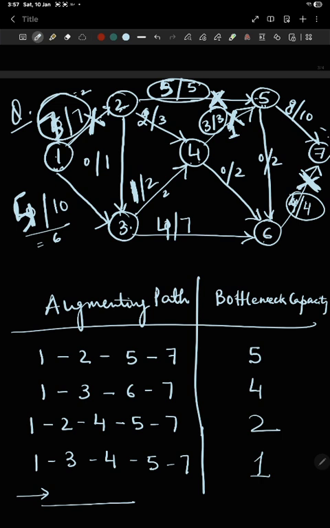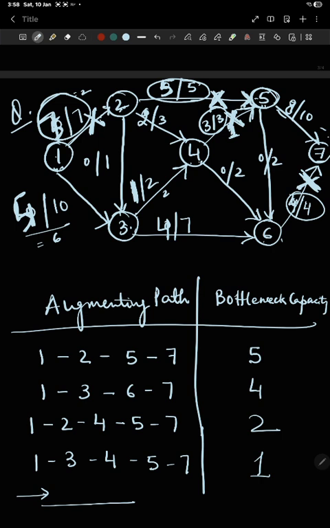If we try to go by 1 to 3, then to 4, then to 6, we cannot reach 7. This path got cancelled. And we cannot reach 5 because every inward edge is crossed here.